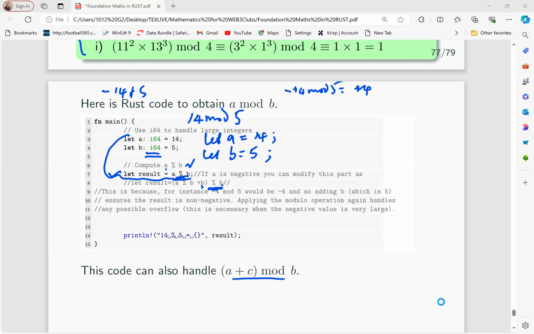So what remains is just what about if we are multiplying? Let's go back there. I just want to show the code and then we end the class.